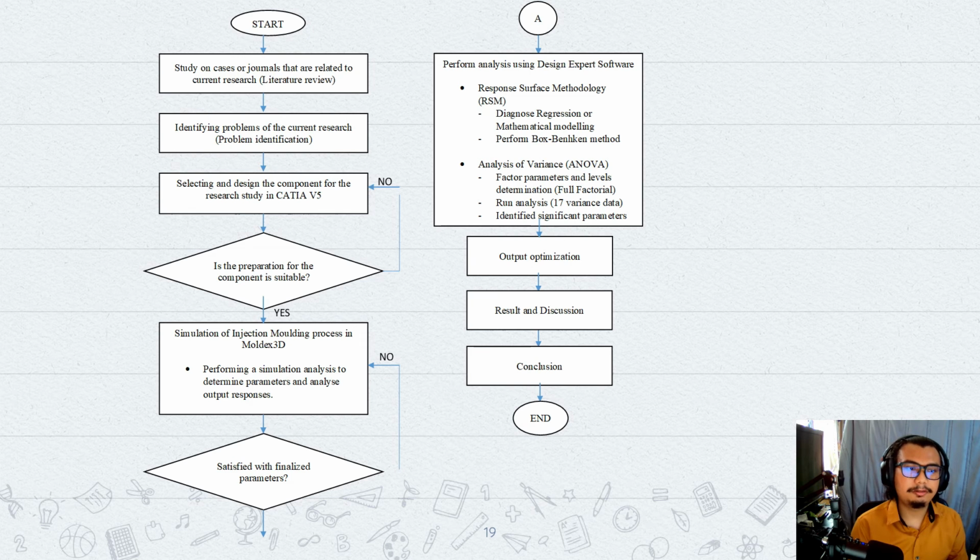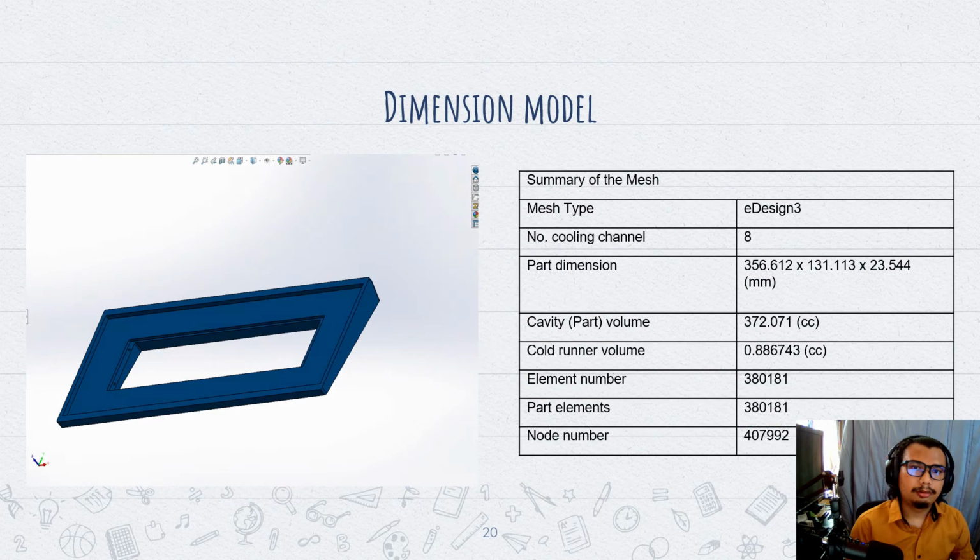Next, analysis of variance, which is ANOVA, factor parameters and levels determination, full analysis, run analysis. In this case, we had 29 runs and identifying significant parameters. Next, output optimization. Next, result and discussion. And lastly, conclusion.